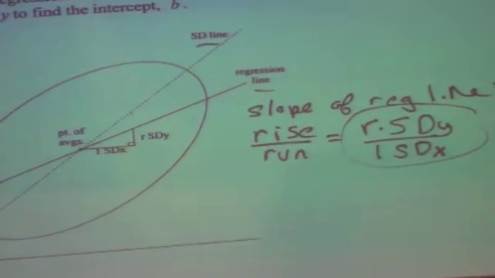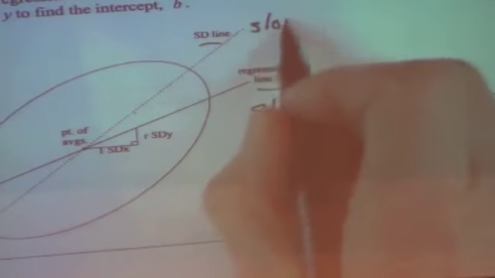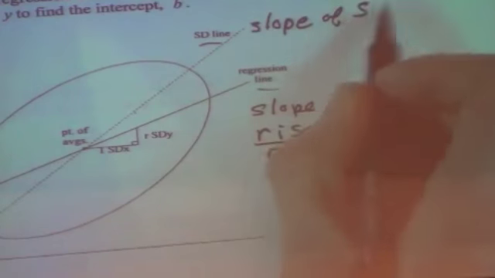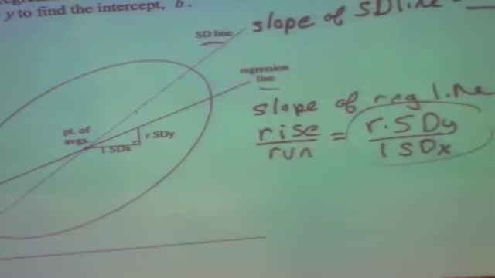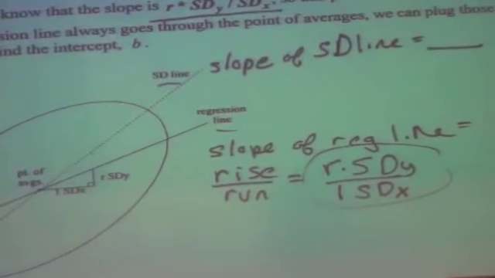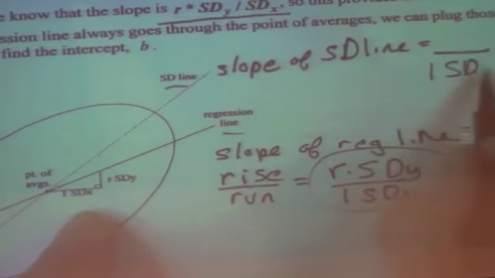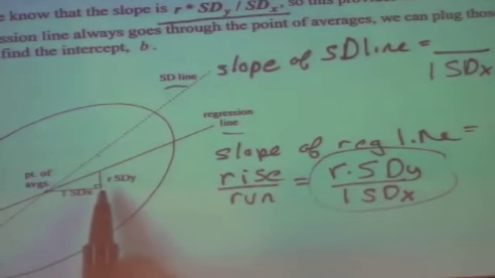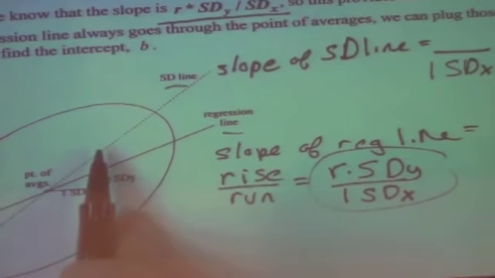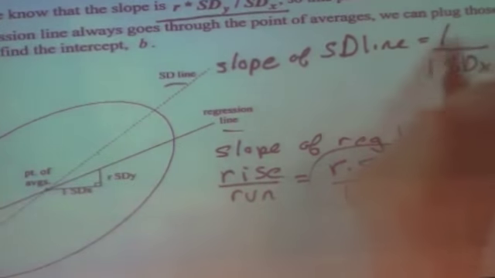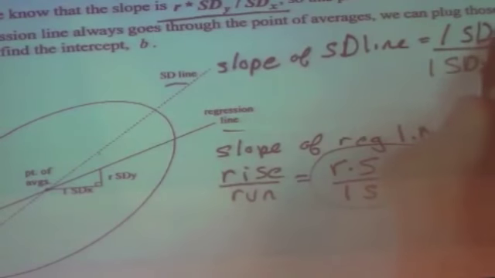We already have that. By the way, if you forget, the slope of the SD line is what? What is the slope of the SD line? If you went over one standard deviation in the x direction to a z-score of 1, to get to the SD line, you'd have to go a full standard deviation in the y direction.